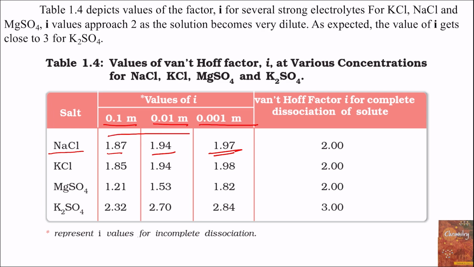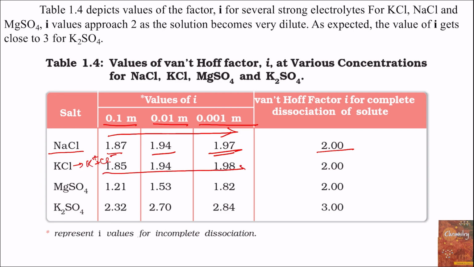So as the solution is becoming dilute, value of i is also increasing. And for complete dissociation, means when NaCl is completely dissociated and number of particles becomes 2, the value of i becomes 2.